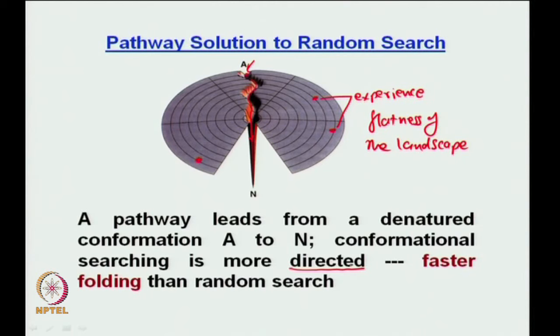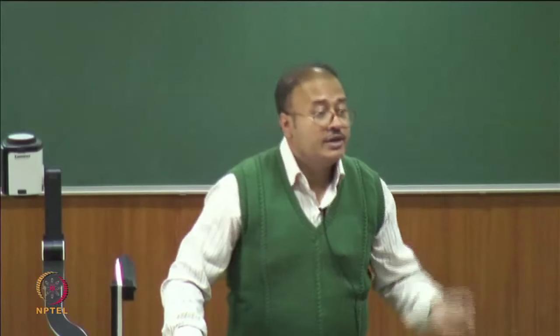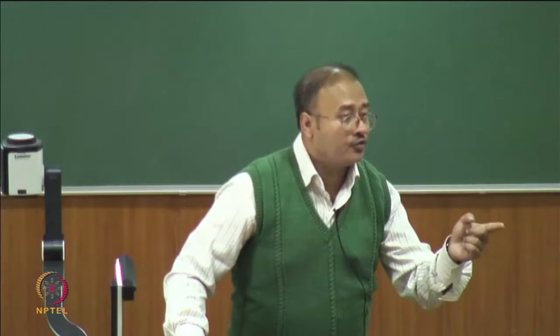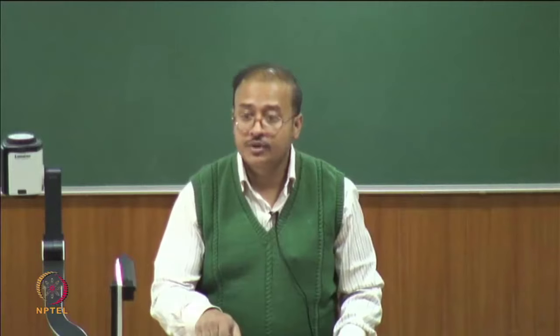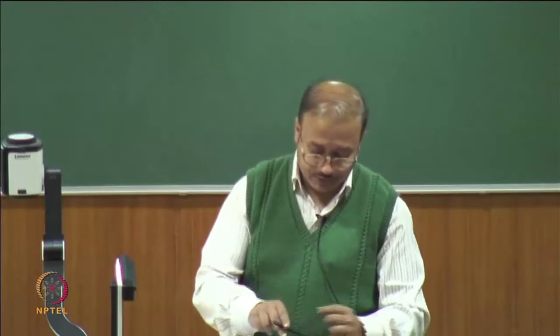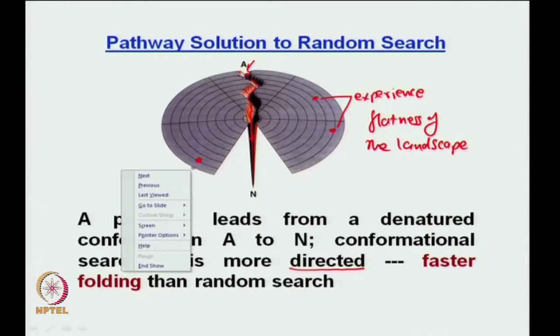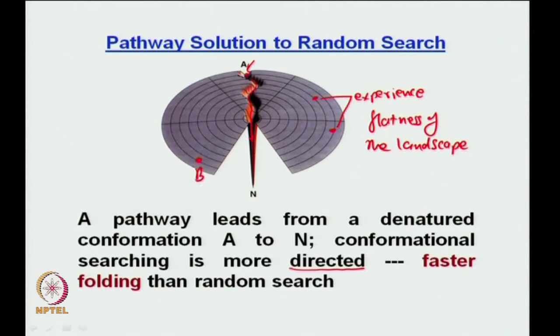So, up till that point we are okay, but then what is the problem you think? The problem is, as we discussed briefly yesterday, in the denatured state you do not have only one conformation defined by A, you will be having all these other conformations, right. So, that means you will be having a conformation which is defined by, say, this is B, this is C, this is D, I can have something which is E and so on.